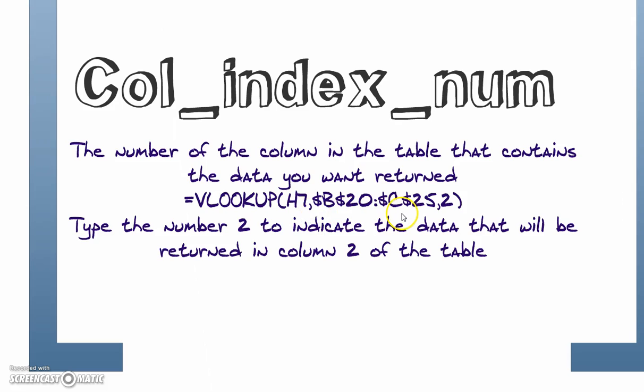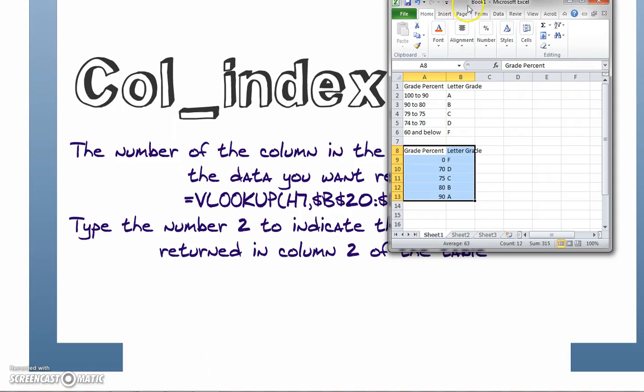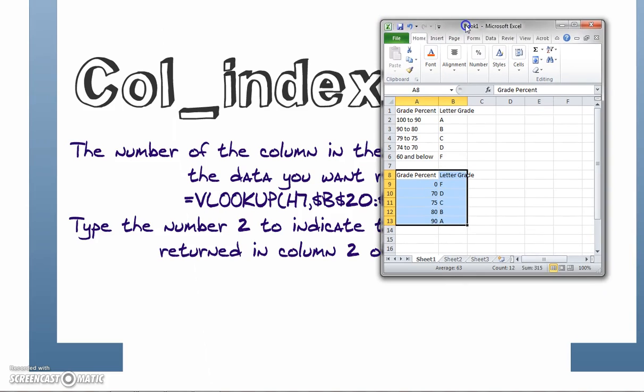Compare it to your table. And again, let's say that we're using this grade book example. So we're comparing it to this table. And then find the answer from column 2. So we always put a 2 here at the end. So H7 is our lookup value, what we're comparing. Then we have our table, which is the table of information with dollar signs around it, comma 2, because the answer comes from the second column.